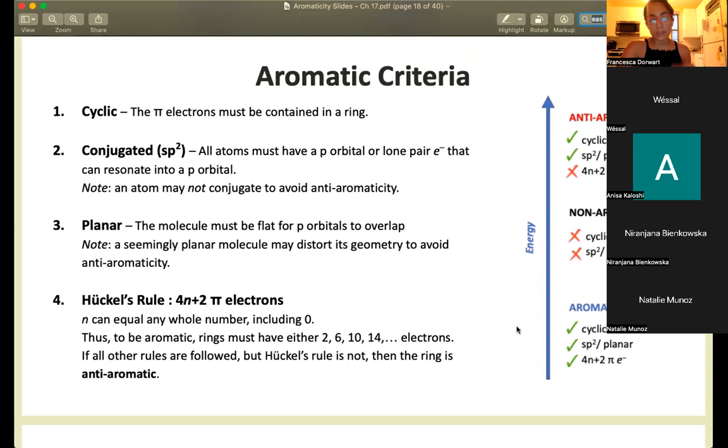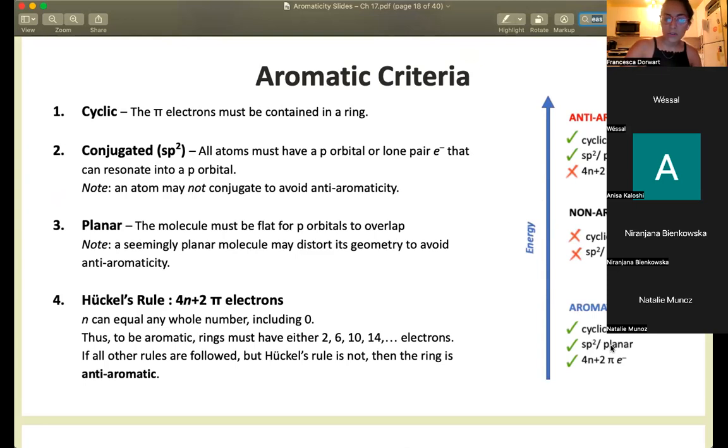The major difference between aromatic and anti is that aromatic is a very stabilized configuration where all of the bonding molecular orbitals are filled with electrons. Other criteria that are required are that it's cyclic, sp2, aka fully conjugated, and flat.